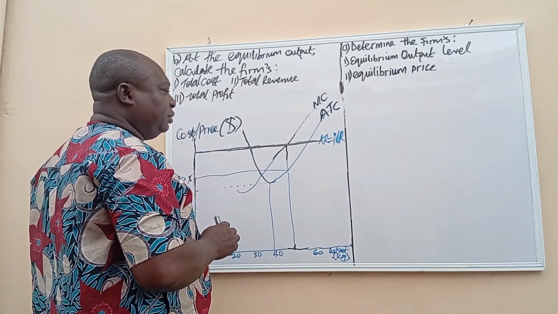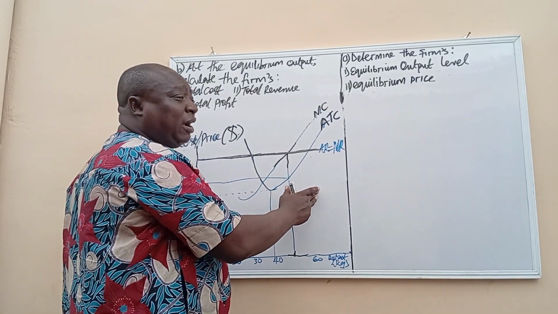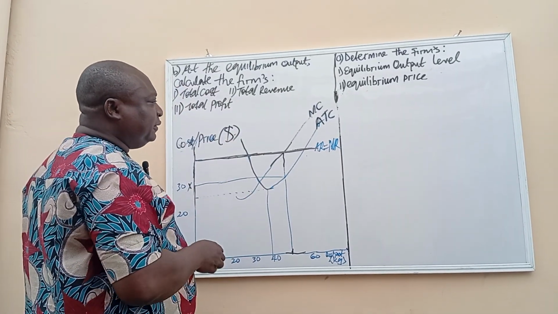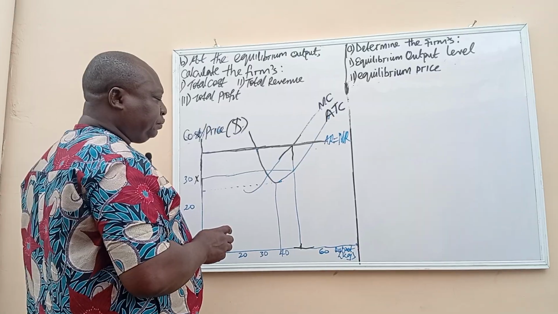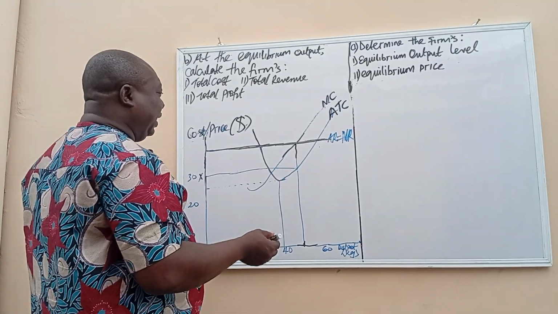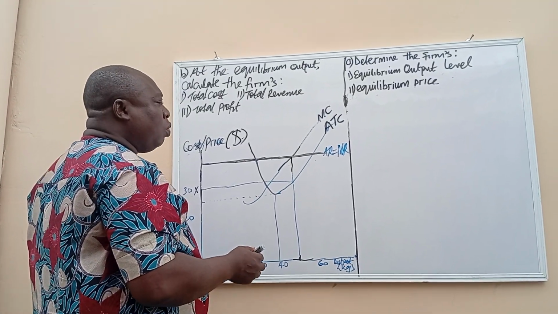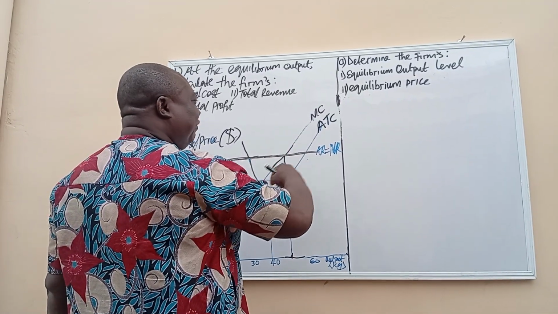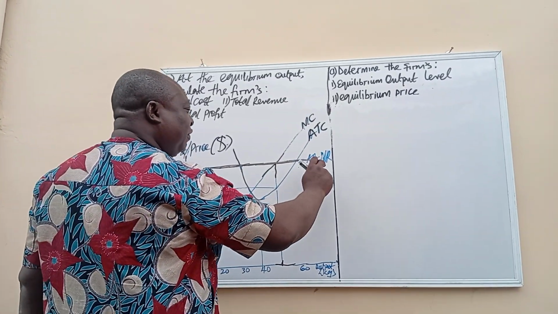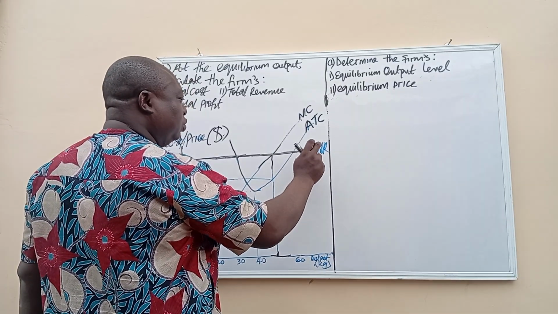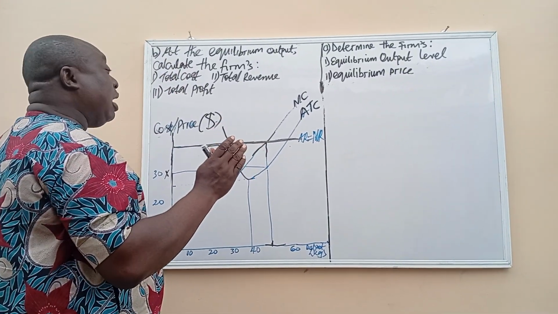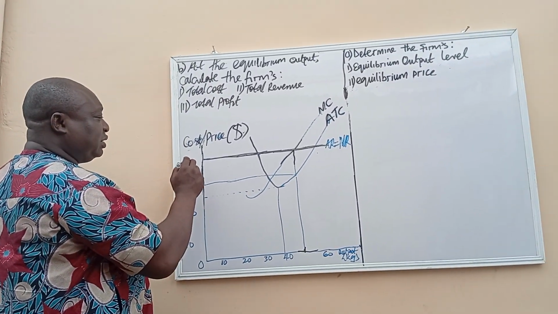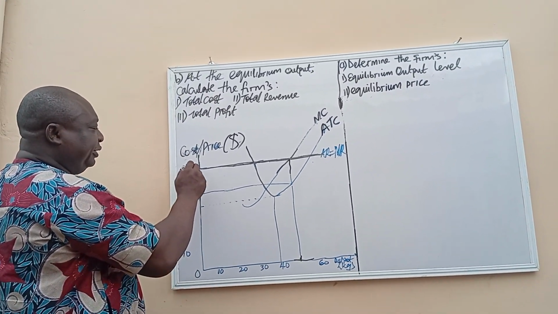When you look at this diagram, you know that it's a perfect competitive market, because when you have marginal cost, average total cost, and average revenue like this, these are all indications of what market? Perfect competitive market.